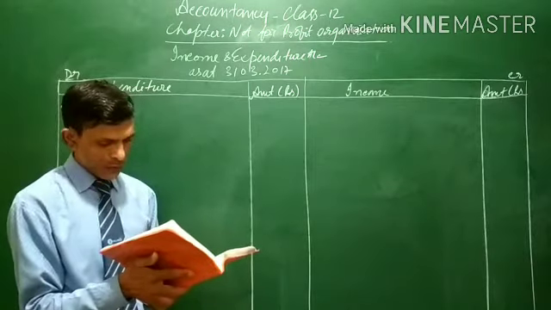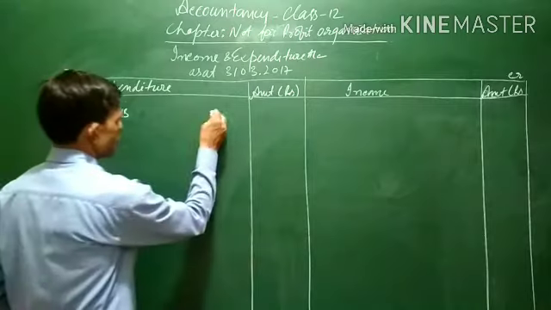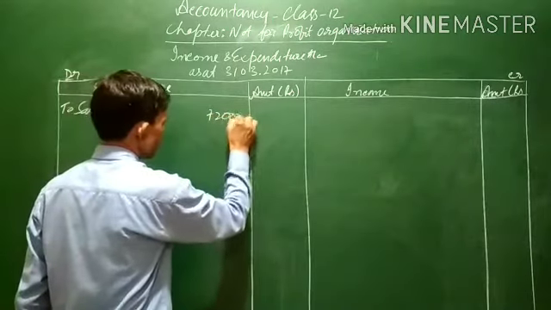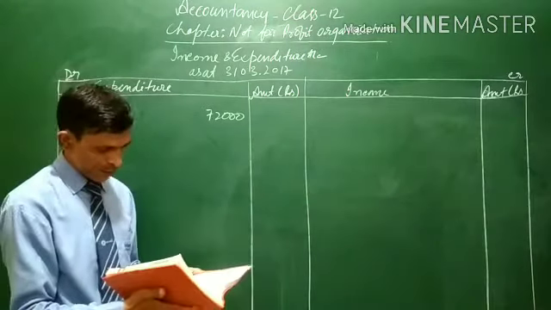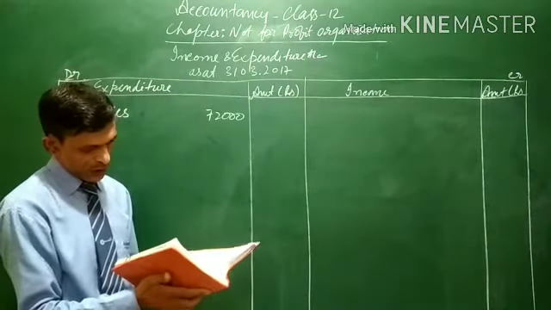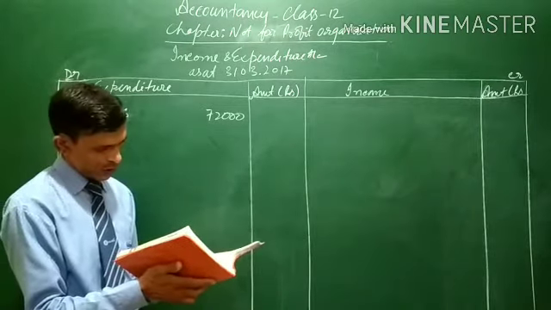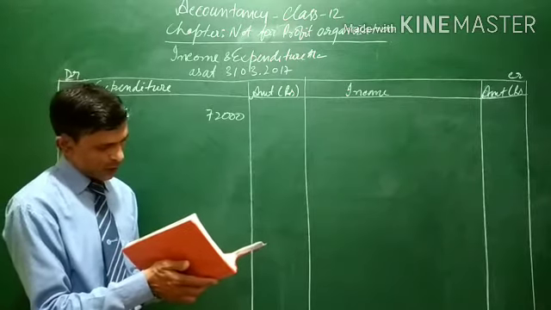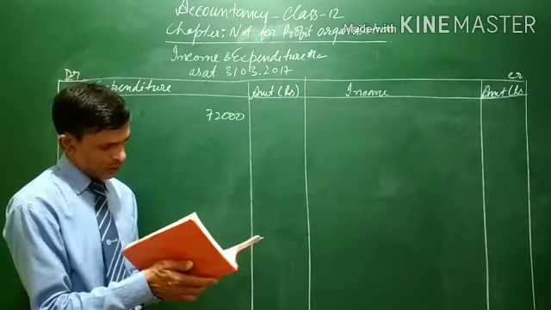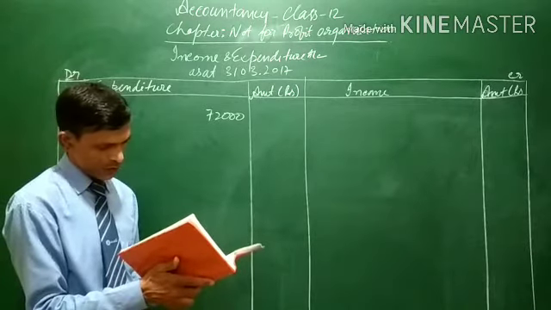So here we have to keep in mind that 72,000 is the total amount of salaries, and out of these, salaries outstanding on 31st March 2016 amounted to 1,200, and salaries paid included 6,000 for the year 2016-17.